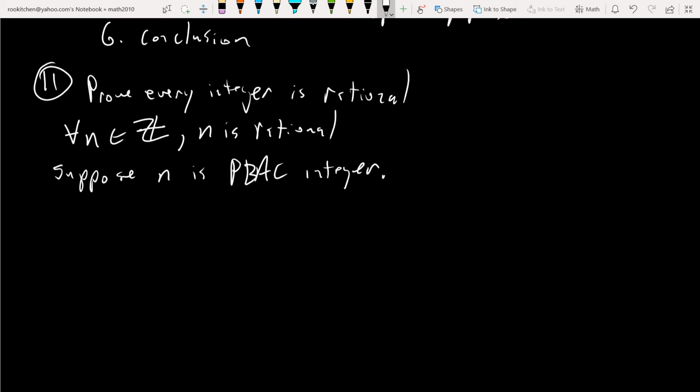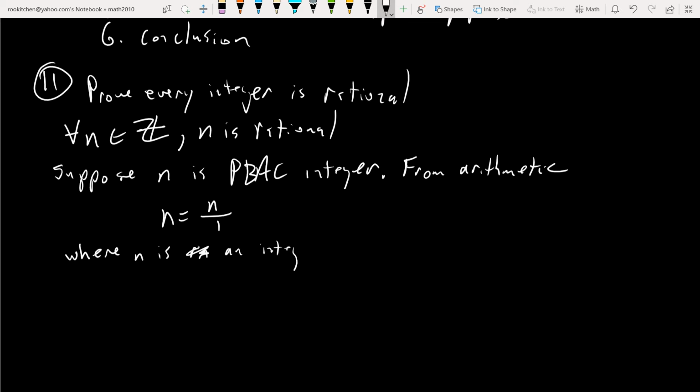Okay, then we can invoke our definitions, right? Well, we don't even need to do that. We can just say something like, from our knowledge of arithmetic, n equals n over 1, where n is an integer, and 1 is a non-zero integer.